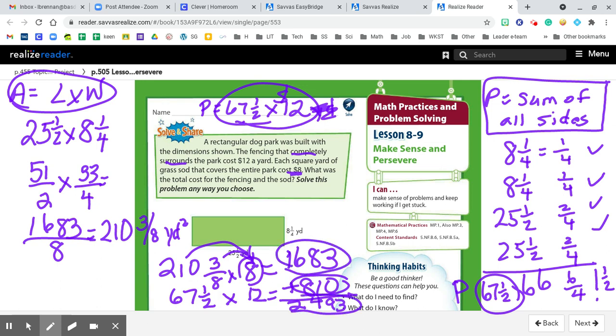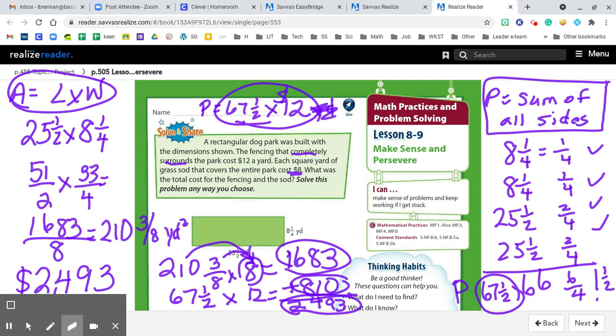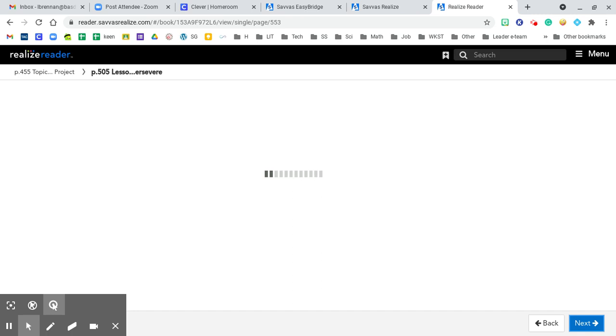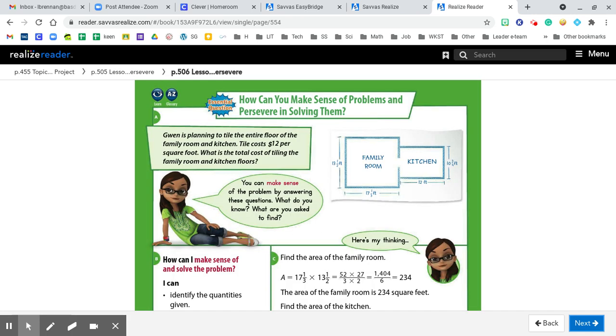And when I add them together, my grand total is $2,493. So it's a lot of work there, but you can do it through perseverance, working through a problem. And that is a real world problem that somebody would have to solve when thinking of a budget for an event. Okay, how can you make sense of problems and persevere in solving them?